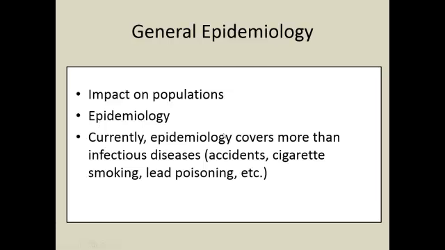Currently, epidemiology started out with just infectious diseases. Now it covers accidents, cigarette smoking, lead poisoning, anything that affects the health of the population. Because this is a general microbiology class, we're going to be limiting our discussion to, mainly, the epidemiology of infectious diseases, or the study of the transmission and effect of infectious diseases on populations.